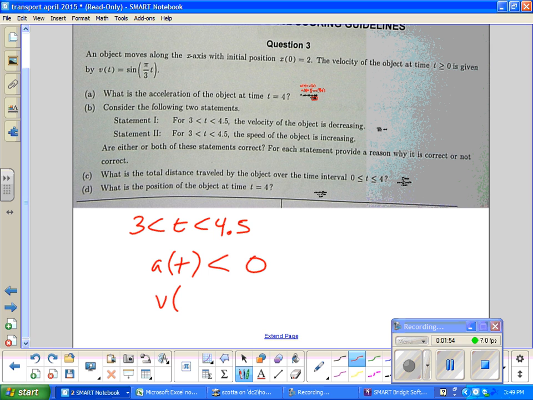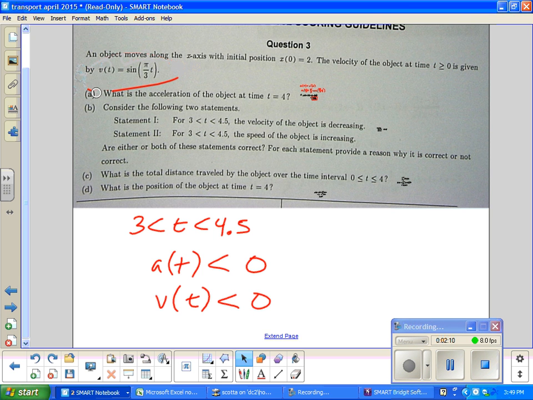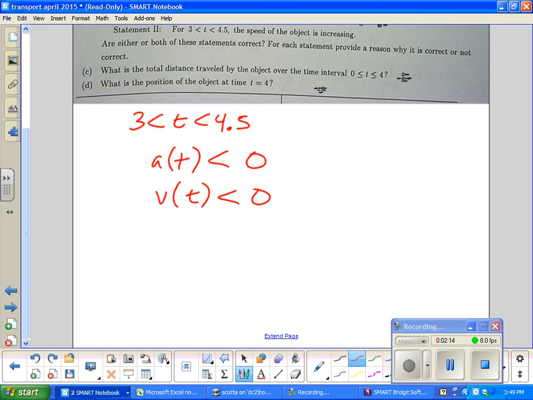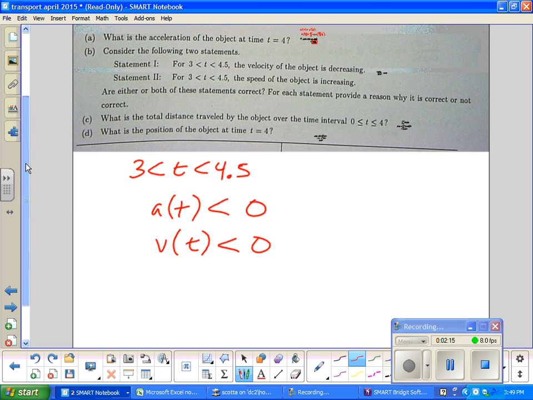So I would take 4 again, and I would plug 4 into this equation and do sine of 4 pi over 3. 4 pi over 3 is in the third quadrant, so I know that's negative. And again, you plug in your calculator in radians, it'll give you some negative value. Let's be clear now. On the line, we think about this as a particle in this interval.